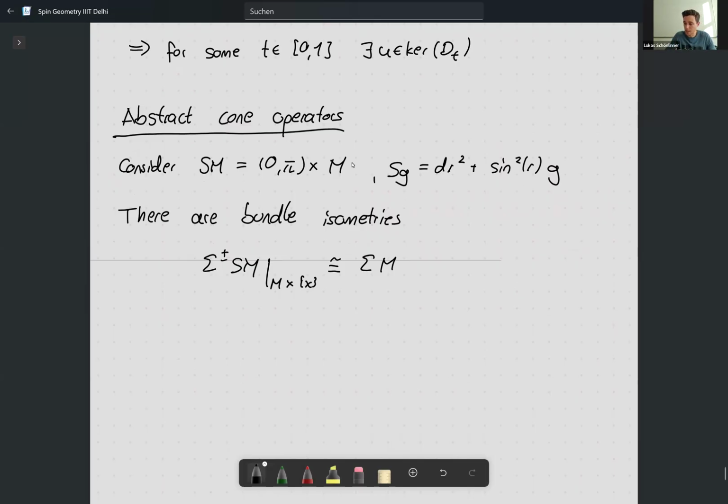I would have to explain some stuff here, but let's just assume that we have this now. And I want to consider just one of the cone points, namely, let's look at the cone point, let's say that's the North Pole. The same works for the South Pole.